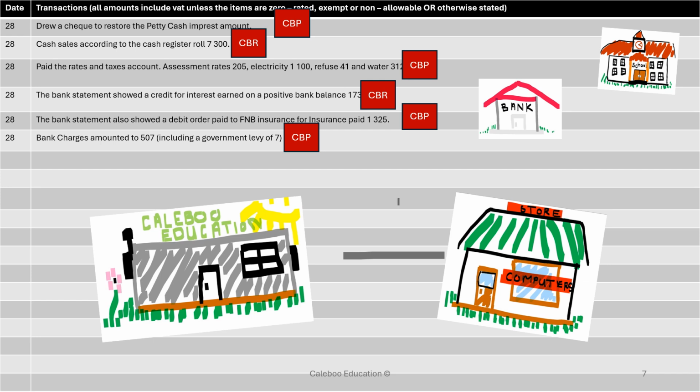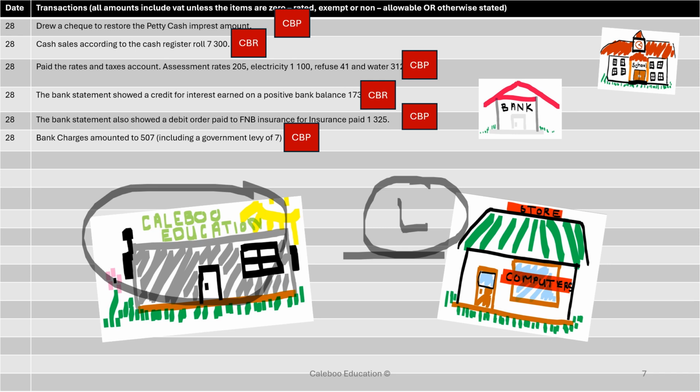By the way, when we buy on credit, that results in a liability. Remember, I'm going to apply the rules all the time. So the computer store is a current liability in the books of Calibre Education, because Calibre Education will owe the computer store money until that outstanding debt is settled.